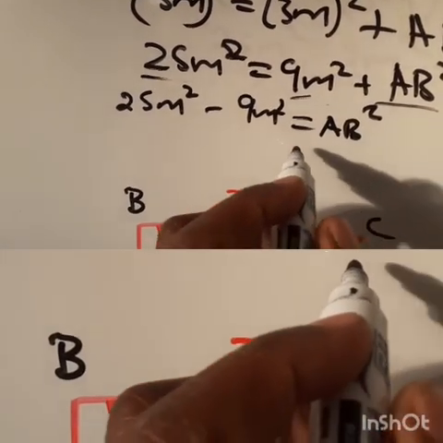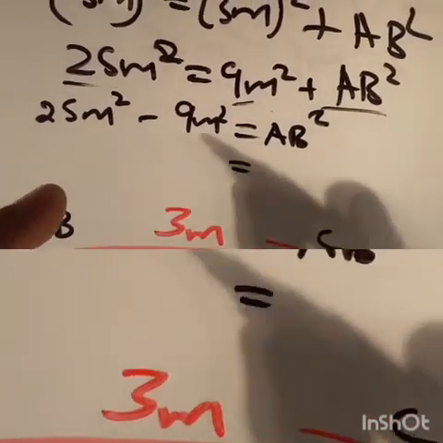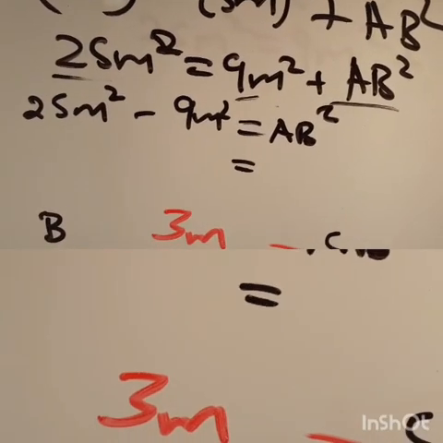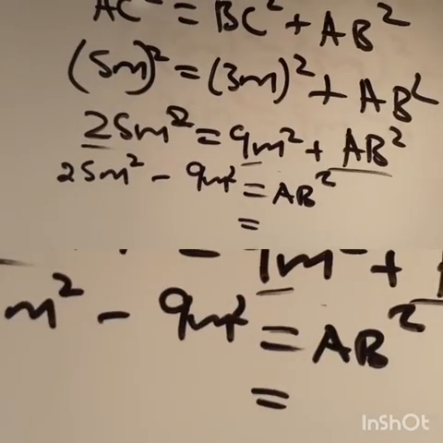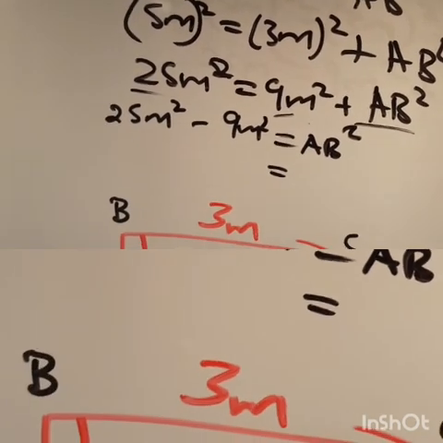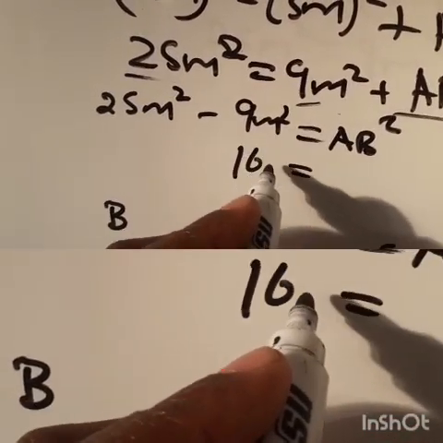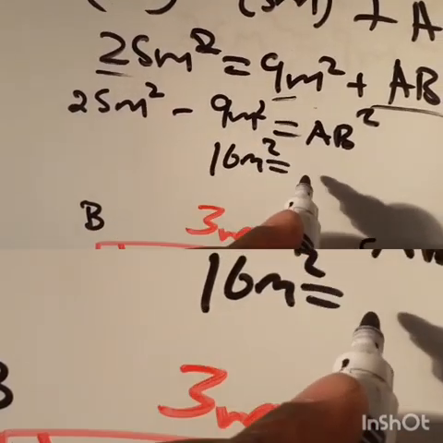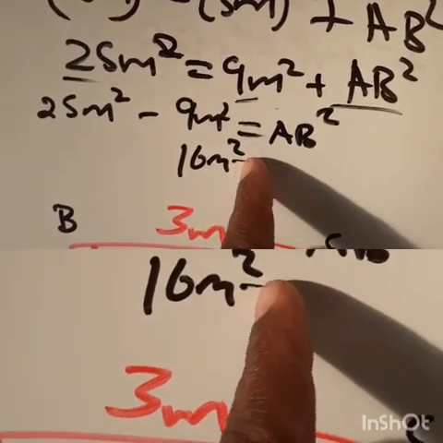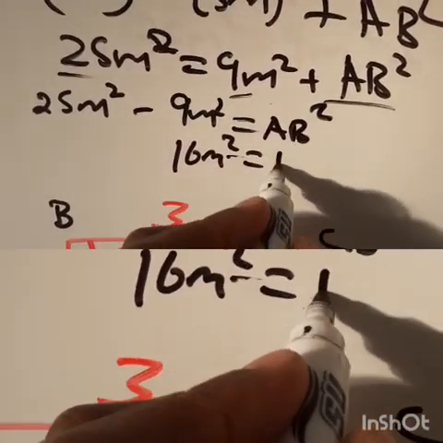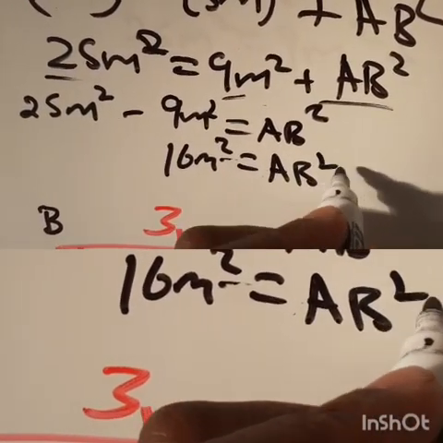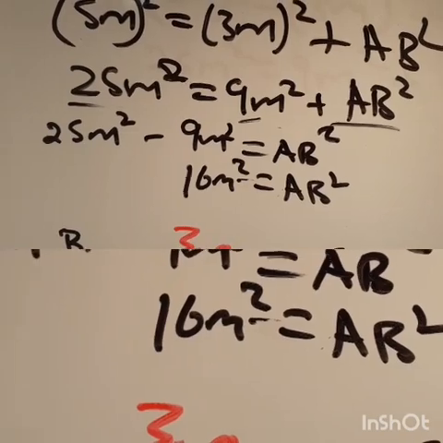Okay, then we can solve now. My 25 minus 9 will be 16 meters squared. Don't forget to put in your squares. And then this side I have AB squared. Now we have squares.